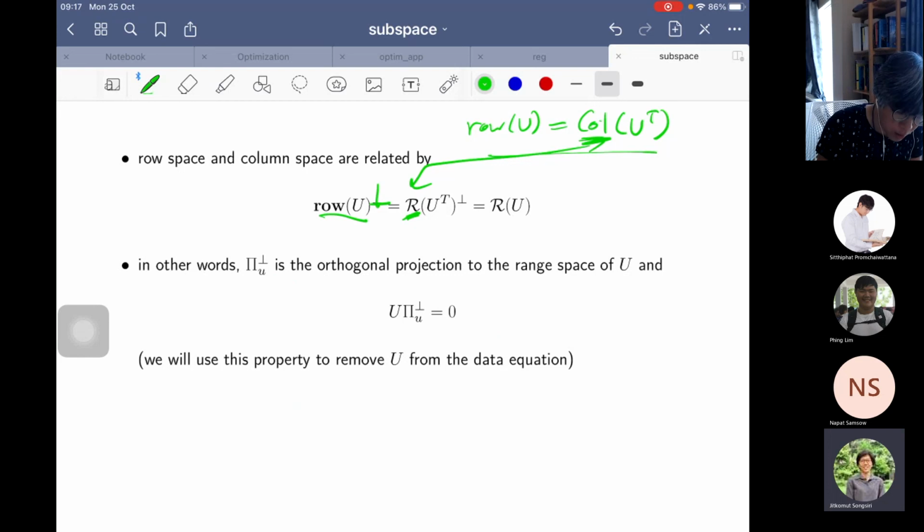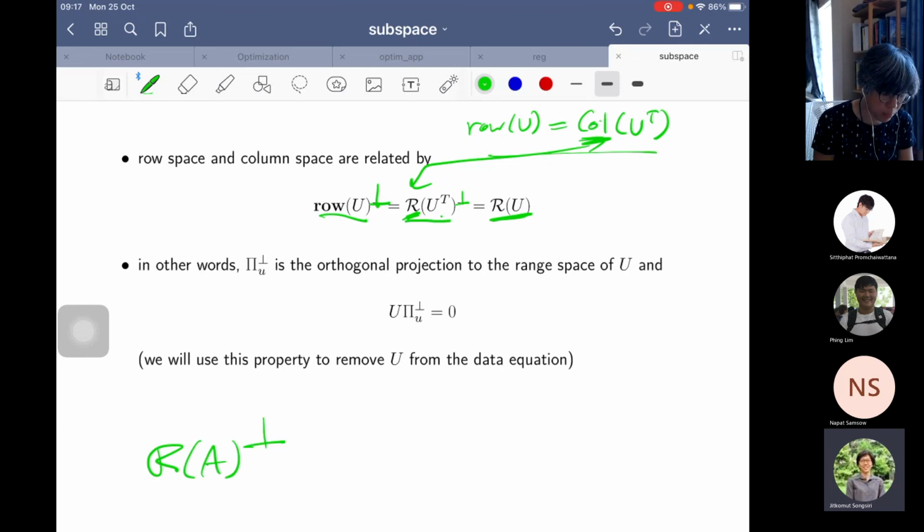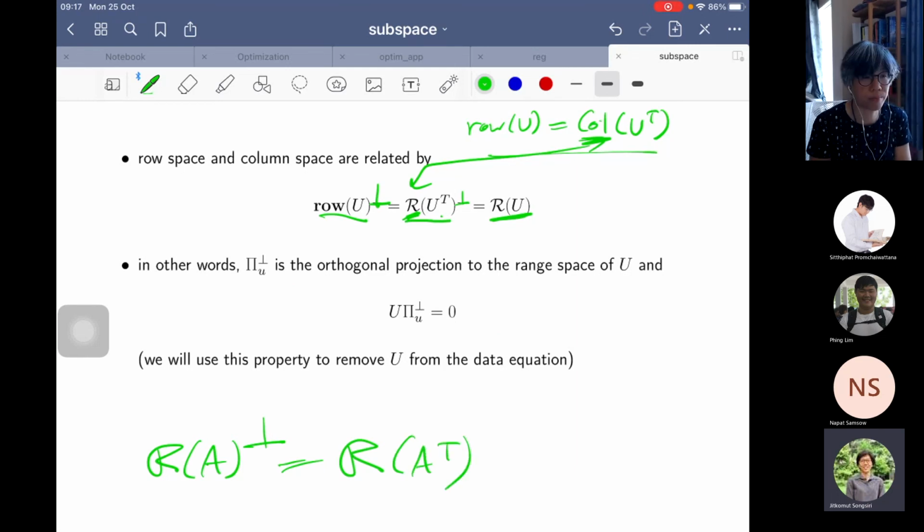And the next step is: the orthogonal complement of the range space of U transpose is the same as the range space of U. Which means if you have range of A perp, that is the same as the null space of A transpose. That is a fact.